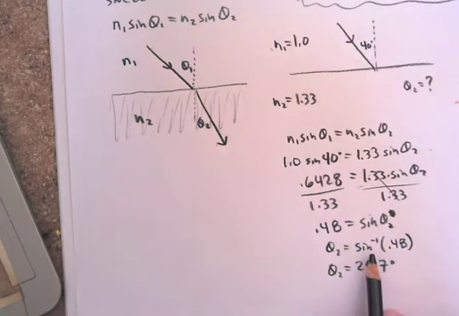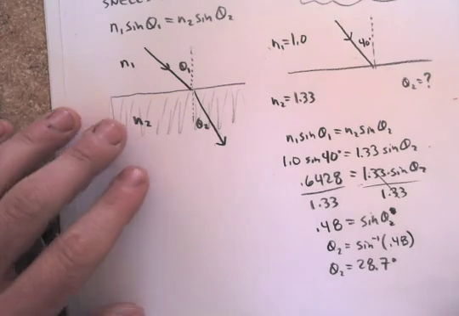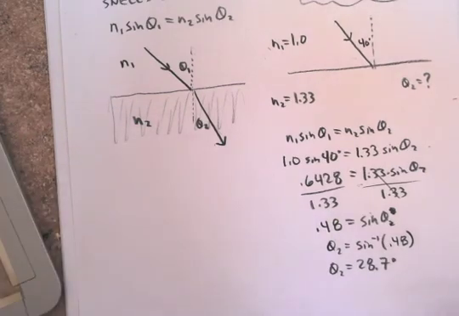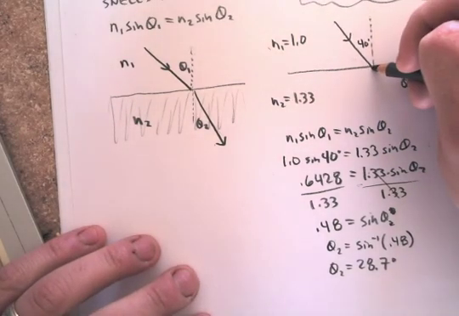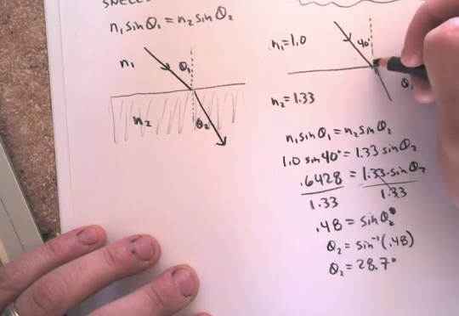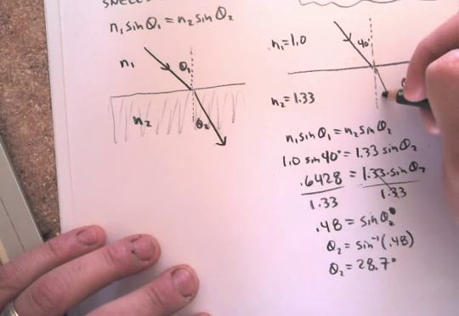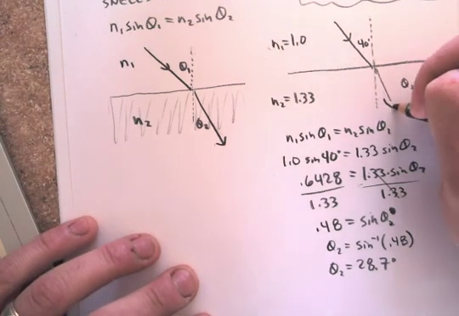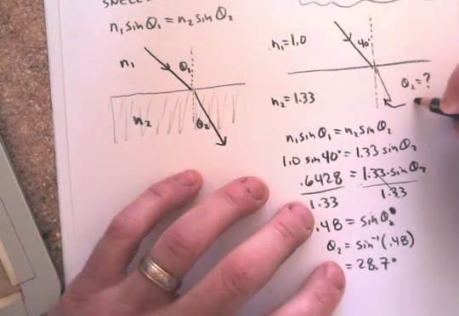All right, so you do need to find that inverse sine. What that means is, when this light comes in here, it bends inwards, and this angle is 28.7 degrees.